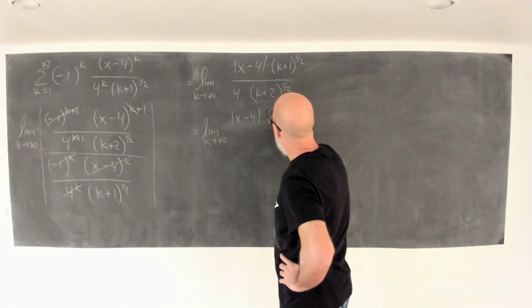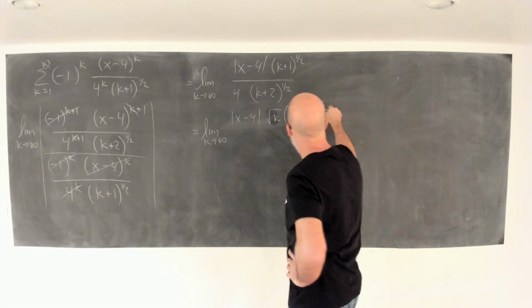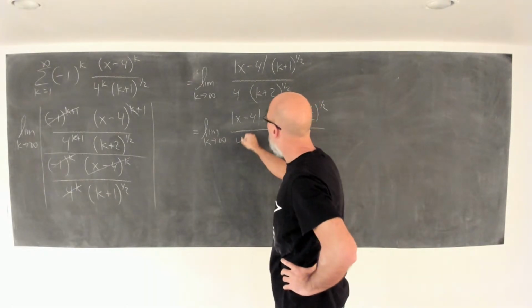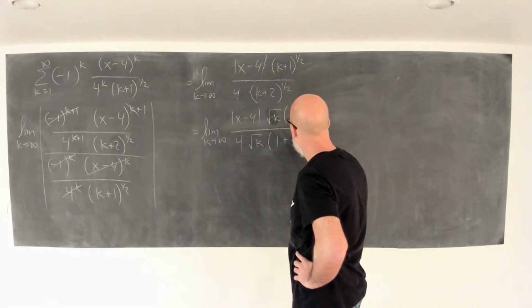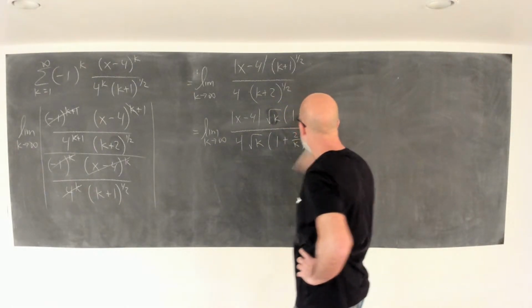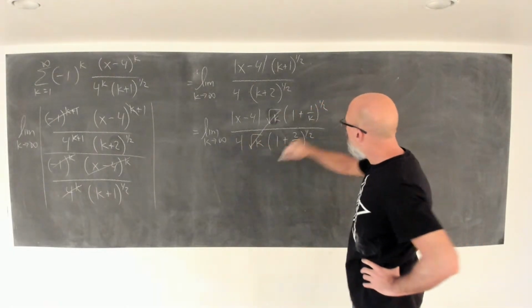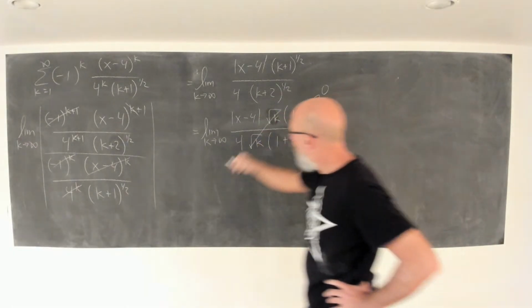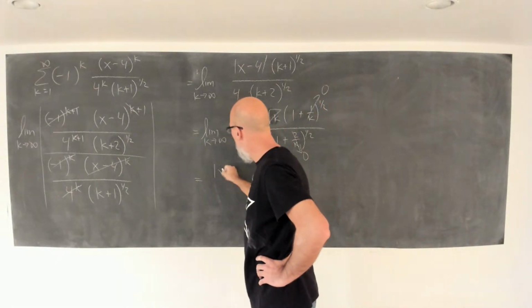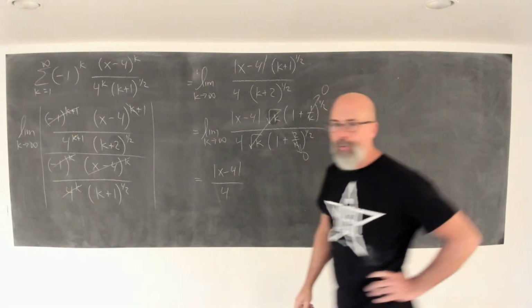So square root of k times 1 plus 1 over k to the 1/2. Square root of k. So we can cancel these. As k goes to infinity, 1 over k goes to 0, 2 over k goes to 0, so the whole thing goes to x minus 4 over 4 in absolute value.